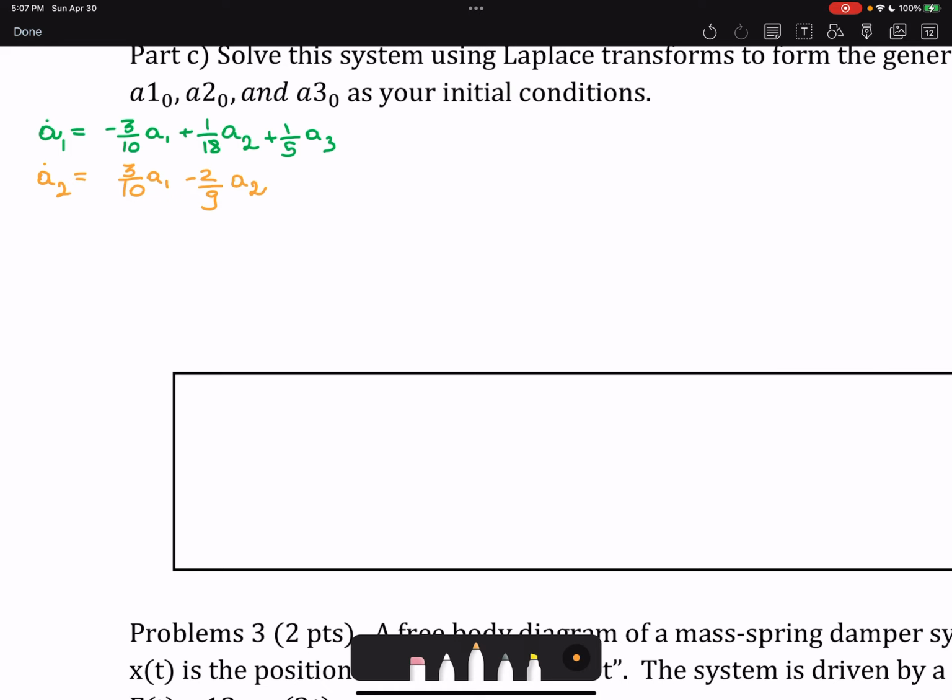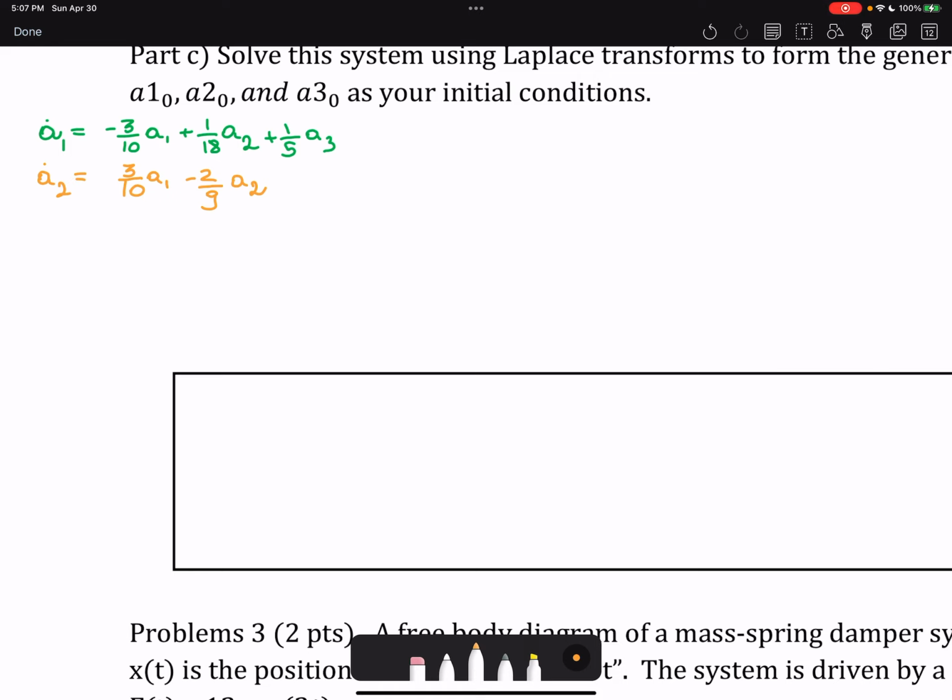And now I find something interesting over here. Here it's 1 over 18 a sub 2. And here, what's getting out of tank 2? 5 and 5, that's 10, so that's 1 over 9.